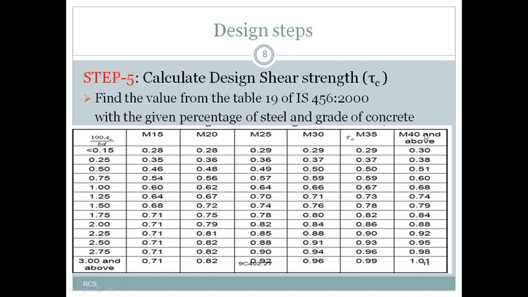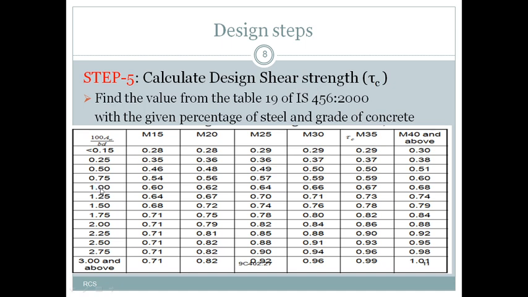Suppose you want to know the design shear strength of concrete for a particular percentage of steel and a particular grade of concrete. For example, I will take 1% of tensile reinforcement and M20 grade of concrete, what will be the design shear strength of concrete?